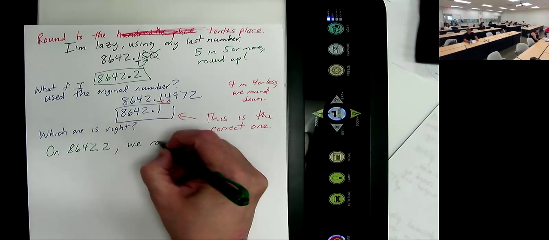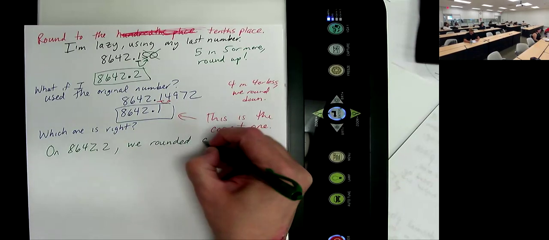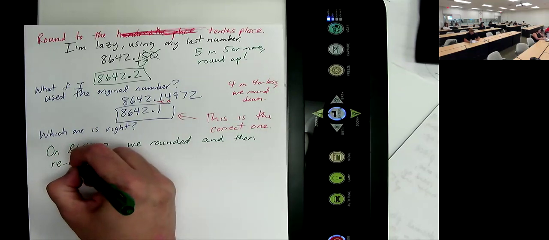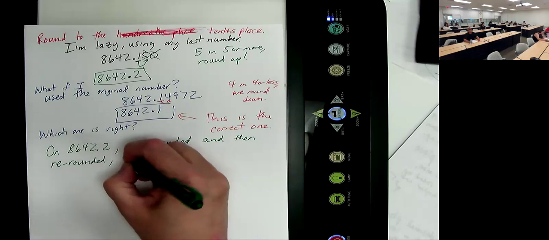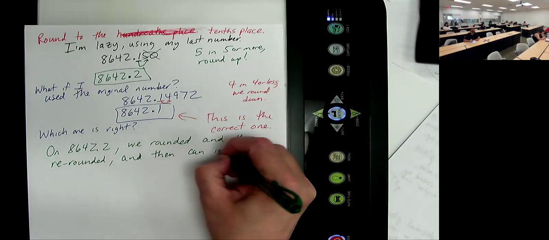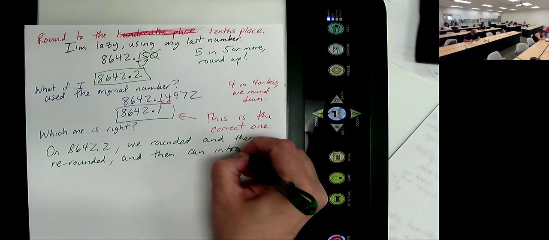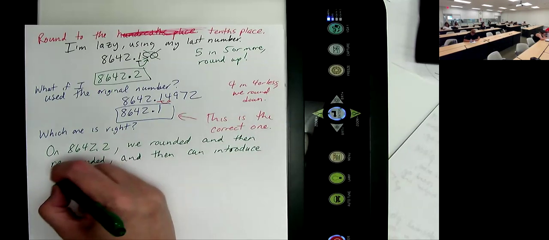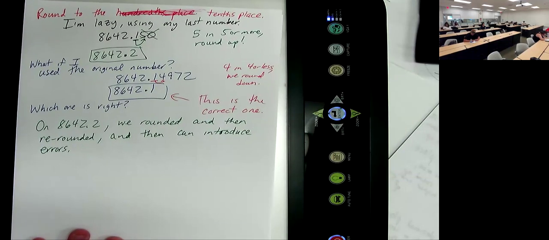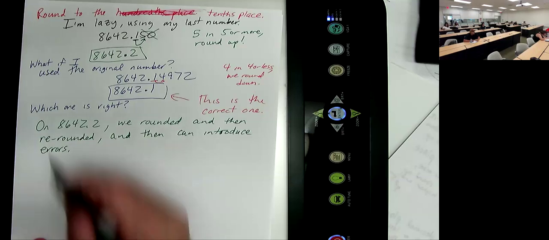We rounded and then re-rounded, and that can introduce errors if you have a bunch of calculations.